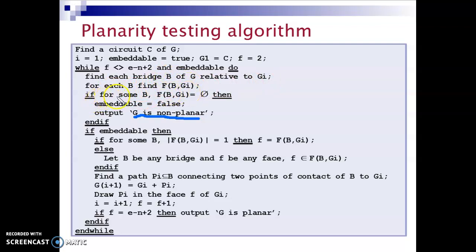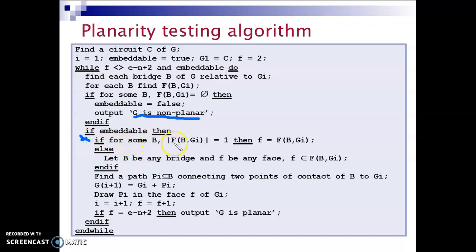And then if for some bridge this set is an empty set, then it means that we cannot draw that bridge as a planar part of the graph, which means the graph is not embeddable on the plane, which also means that this graph is not planar, and at that point the algorithm will stop. Otherwise, if all bridges are embeddable on some face, then we continue from this point.